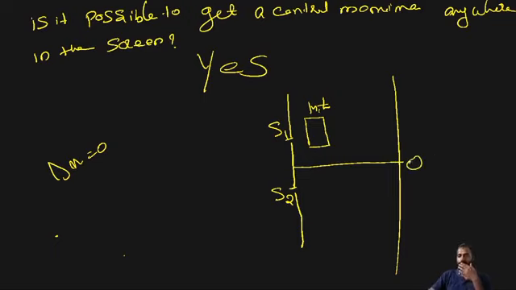This is my S1 ray. After passing through this glass slab, it has an extra delta X. Just assume I am considering this position. If the rays want to reach here, this one has to travel a small amount and this one somewhat more.